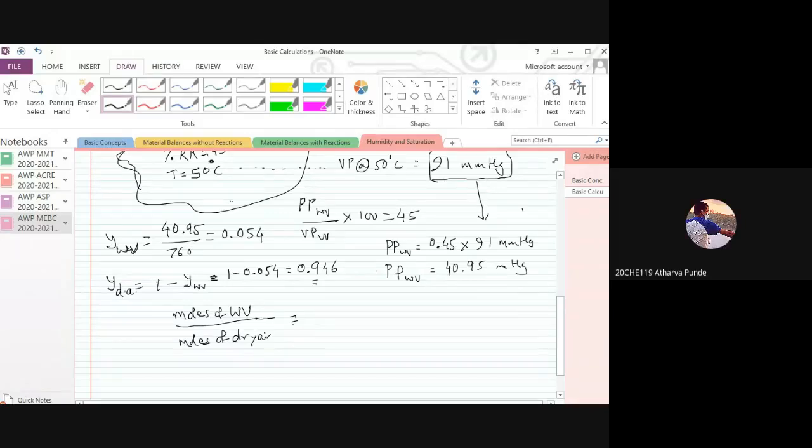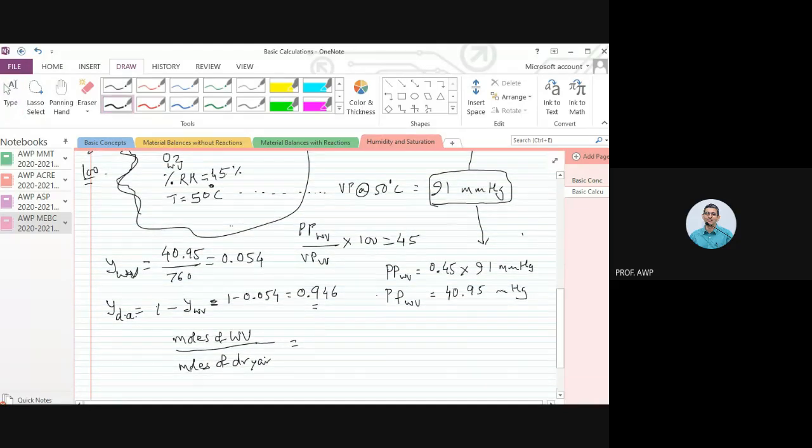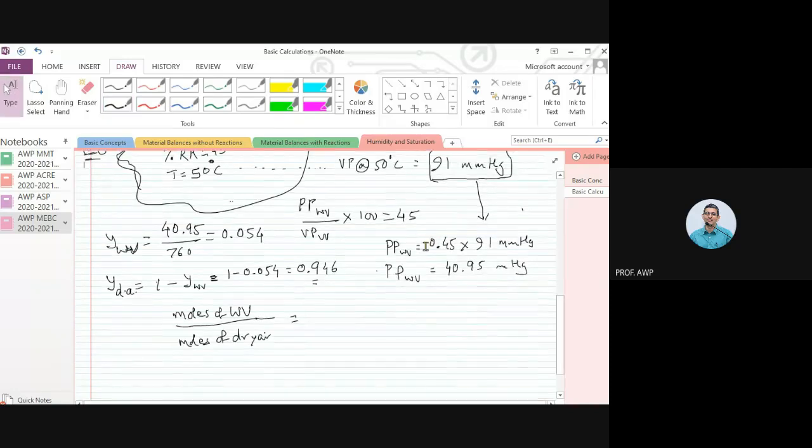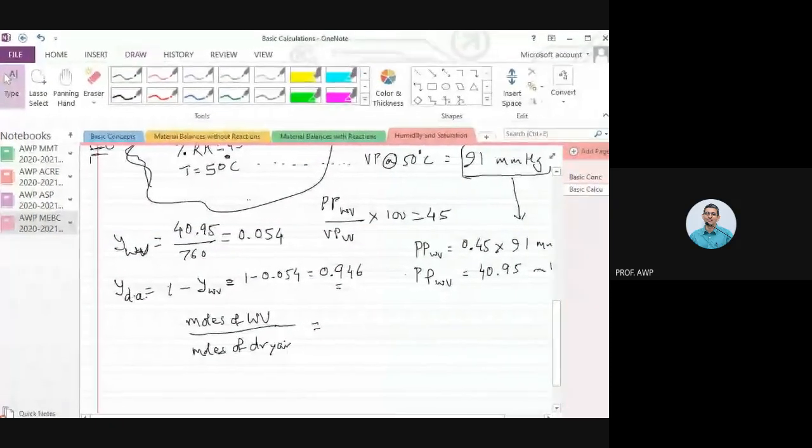Basis, sir, 100. Yeah, if I take basis as 100 moles of this air, out of this 100 moles, how many moles of water vapor would there be? Who wanted a basis of 100 moles?